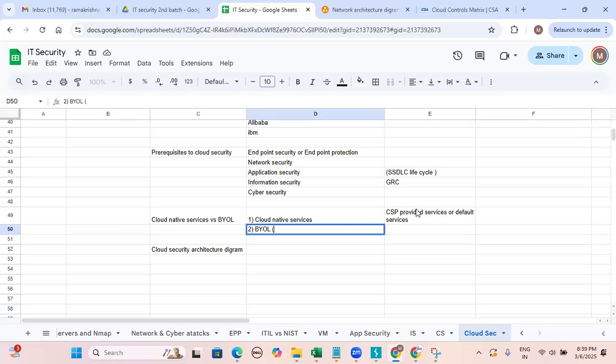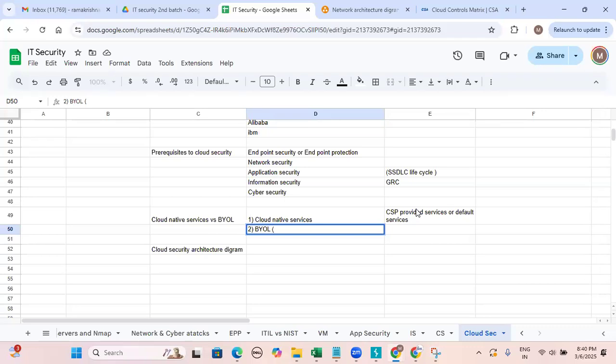In that scenario, what is BYOL? Bring your own license. I can go and purchase the licensing, that may be Palo Alto or FortiGate or Cisco ASA firewall, instead of the Amazon oriented network access control list or security groups or firewall.